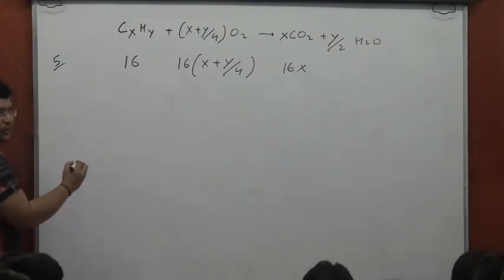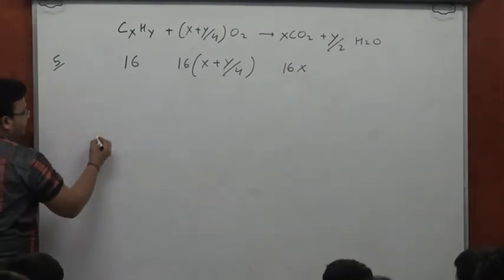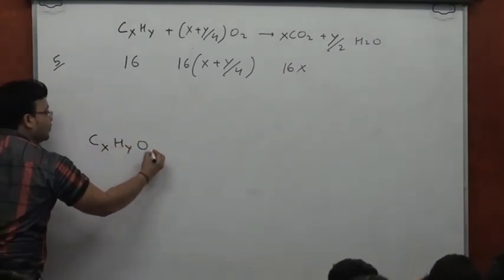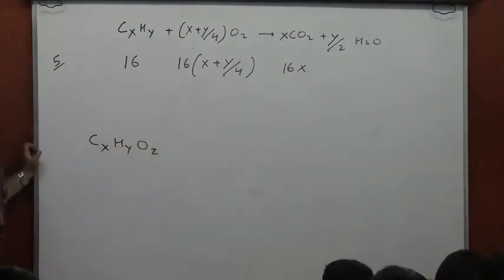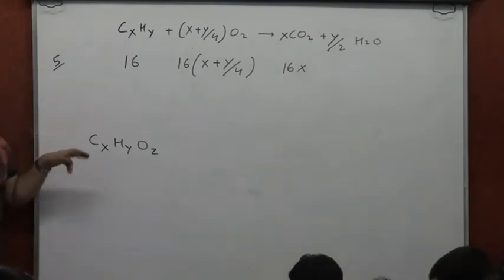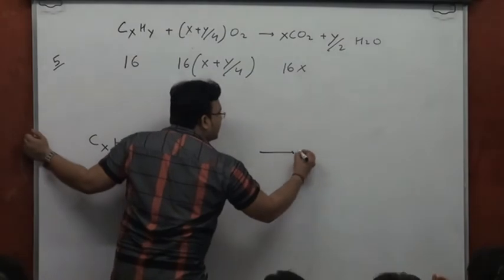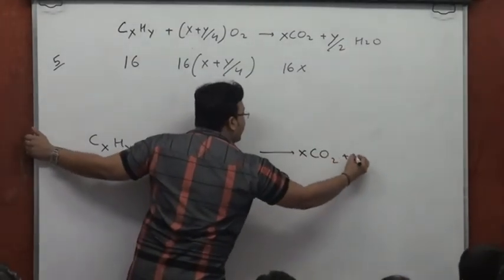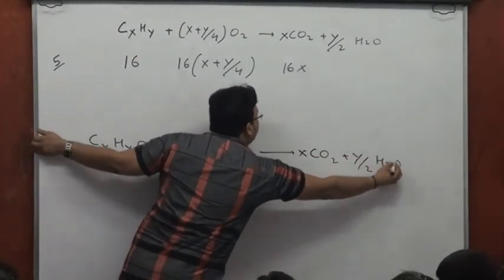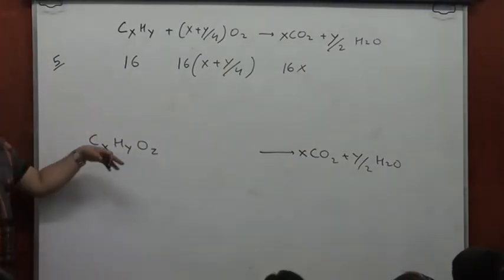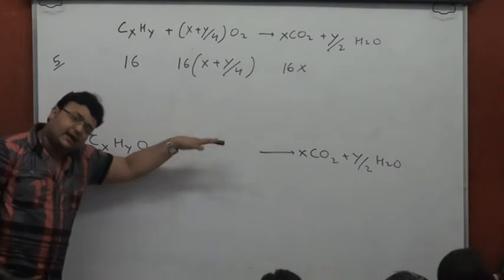If the molecule contains oxygen as well, CxHyOz, it's still going to form the same amount of carbon dioxide and the same amount of water, because carbon is still x and hydrogen is still y. So carbon dioxide formed will be x moles and water formed will be y by 2 moles.